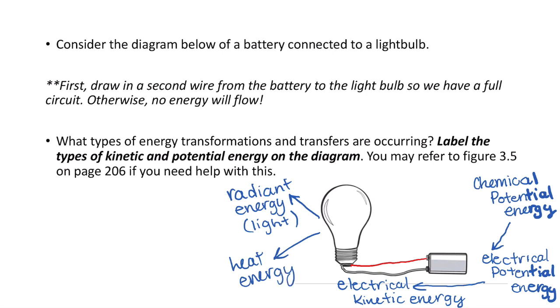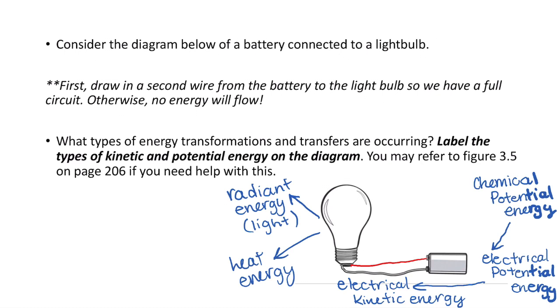Looking at the types of energy transformations and transfers occurring here, which I've drawn out, I'm just going to re-talk you through this. The battery on its own is chemical potential energy. If the battery is just sitting there and nothing is connected to it, it's all just stored chemical potential energy.